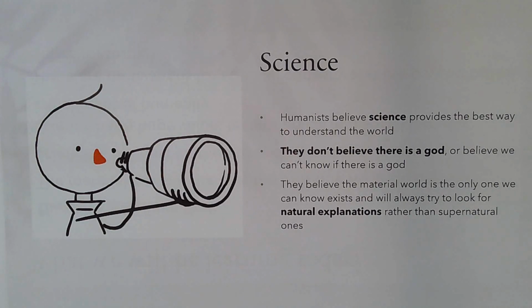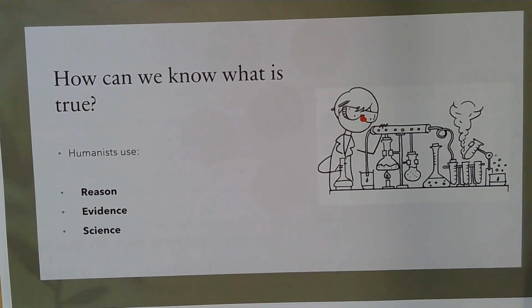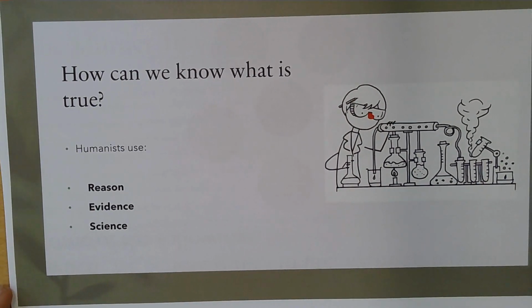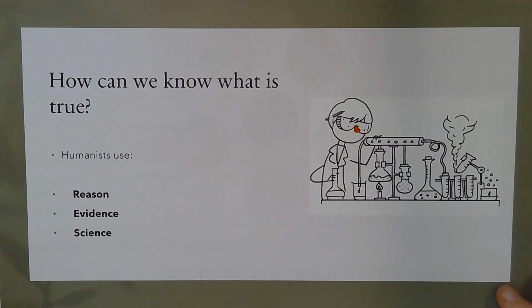What that means is they will look for evidence based on natural conclusions rather than anything to do with religion or any supernatural elements. Humanists use reason, evidence and science to determine if something is true or not. And we're going to look at these as we go throughout the lesson.